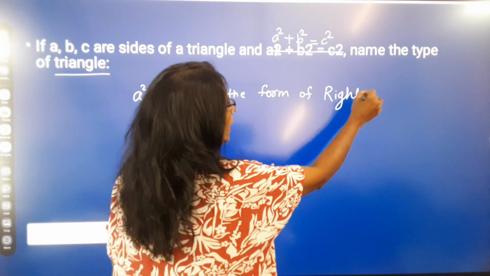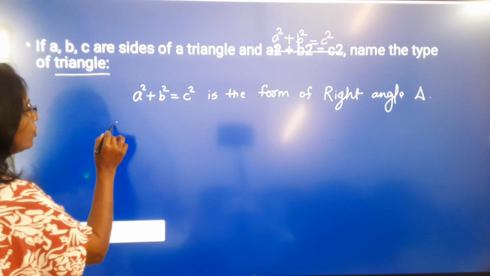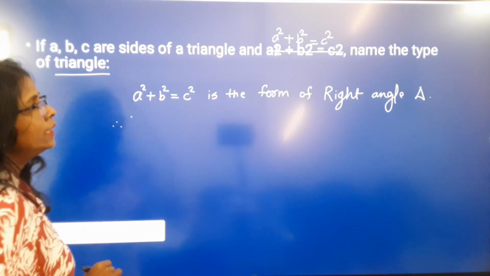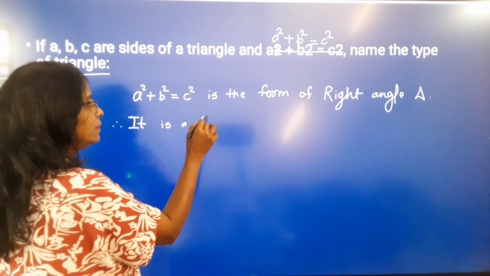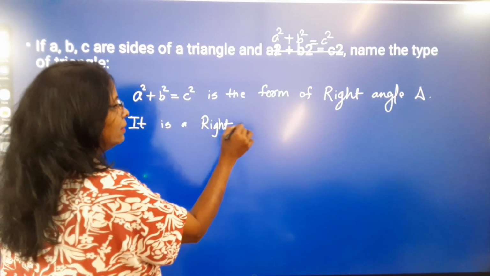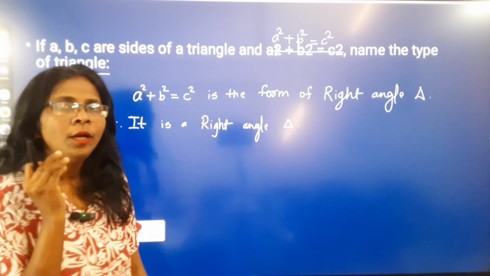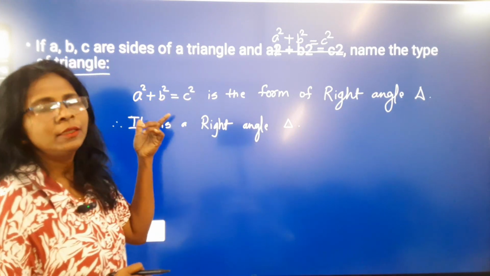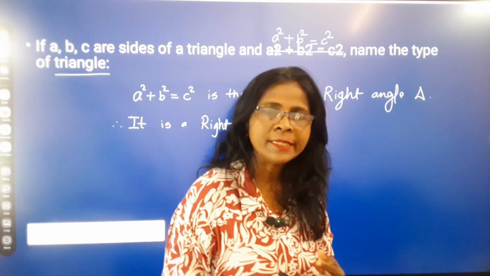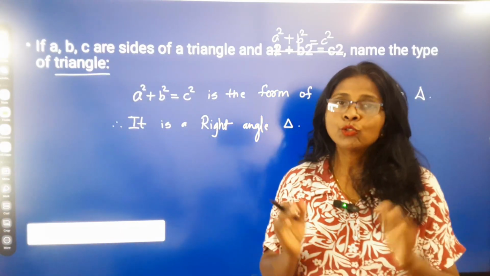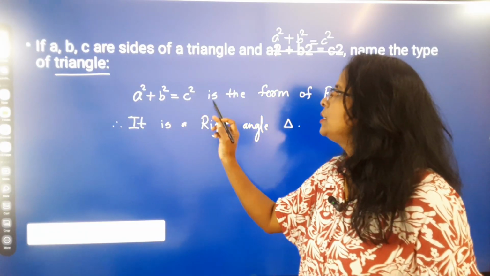Therefore students, we can write here it is a right angle triangle, because the Pythagoras theorem says that the square of the first right angle side plus square of the second right angle side is equal to square of hypotenuse, which is the same form, A square plus B square is equal to C square.